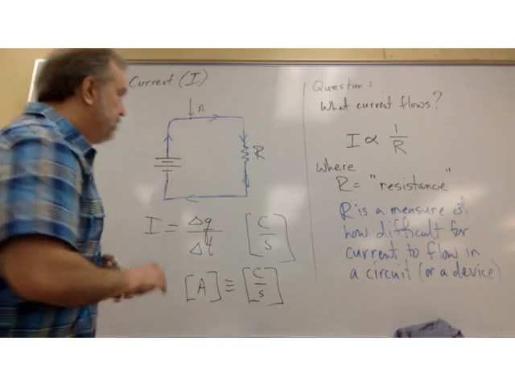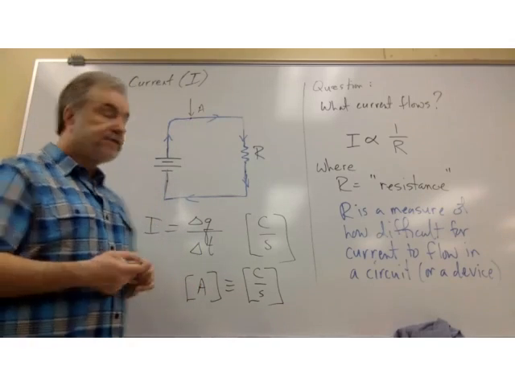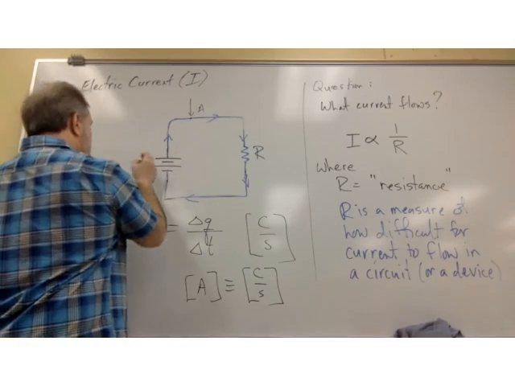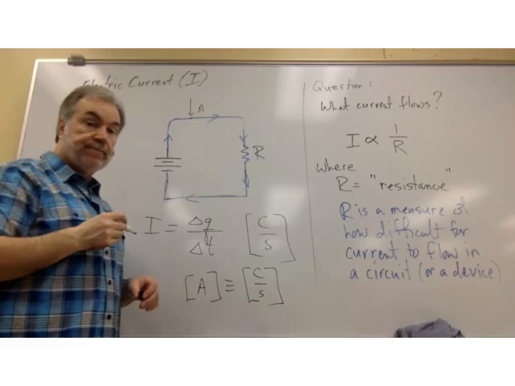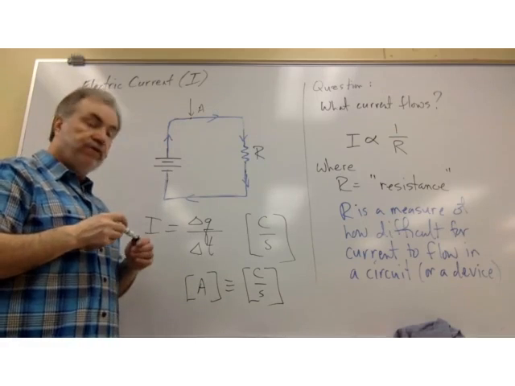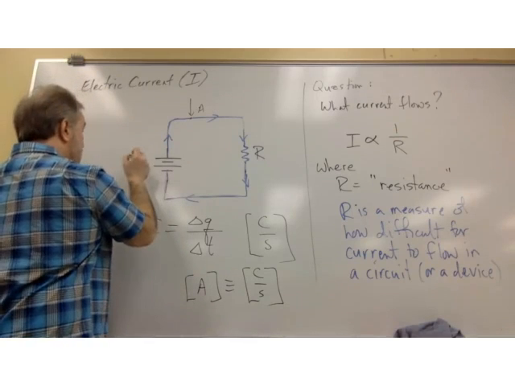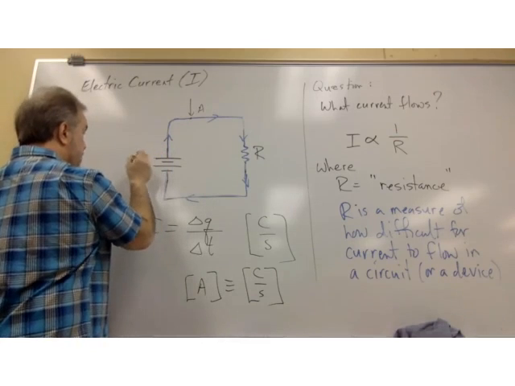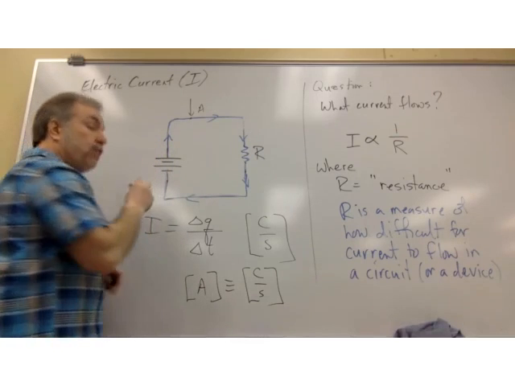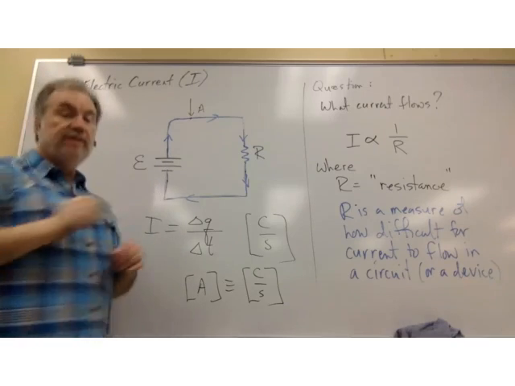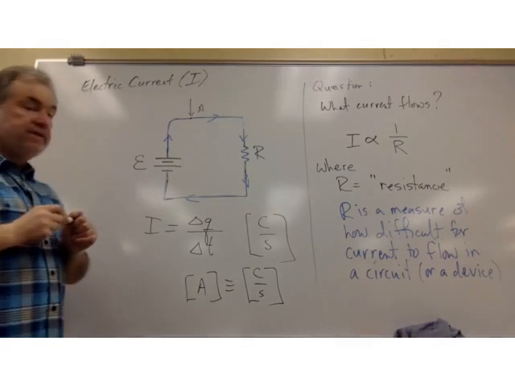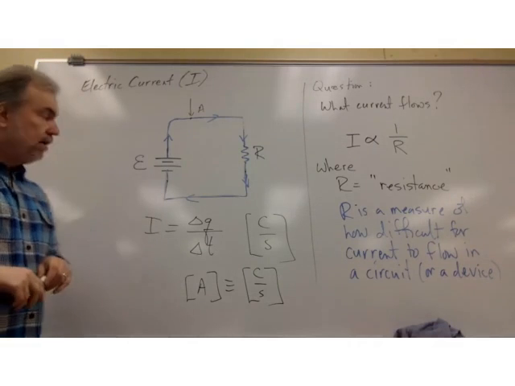And so we'll take that into account by giving the battery's potential difference a very different symbol than what we've used before. Before, we used capital V for the potential difference supplied by the battery, but for the reasons I just explained, I don't want to use V anymore, so we give it this symbol, this script E, okay?